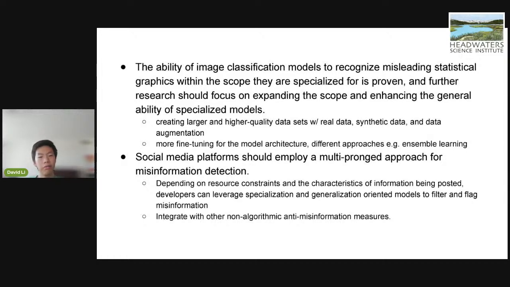Depending on research constraints and the characteristics of information being posted onto their platform, such as the volume, developers should leverage these specialized image classification models and also generalized multimodal large language models that are capable of generalized tasks.